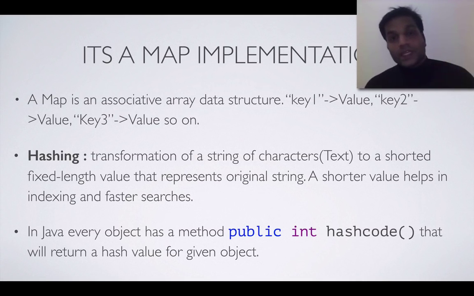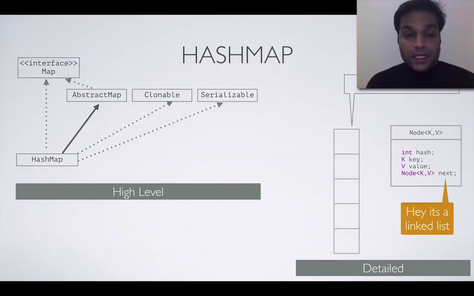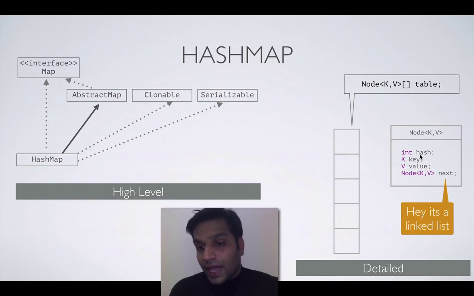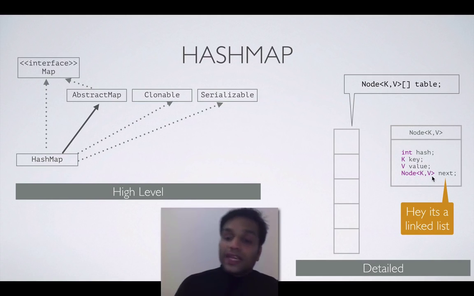But before that, let's quickly touch upon the implementation details. As you can see here, at a high level, HashMap is basically an implementation of the map interface. At the same time, if you look at the low level details, HashMap has a table, an array of nodes, and nodes are basically int hash, the key that you send to the hash map, the value that you will add to the table, and a pointer to the next node.